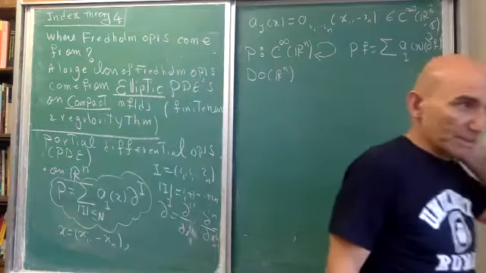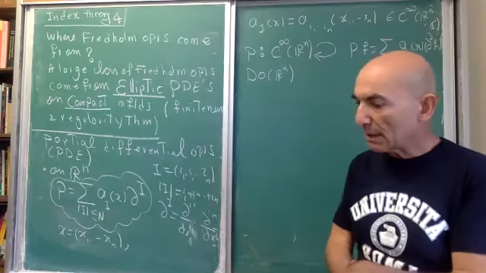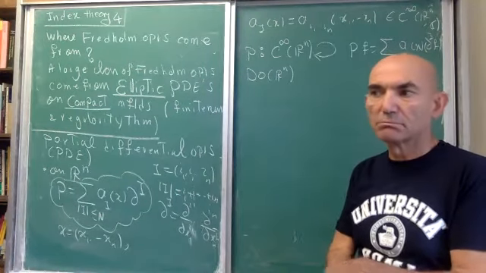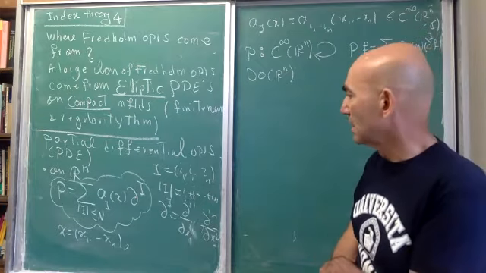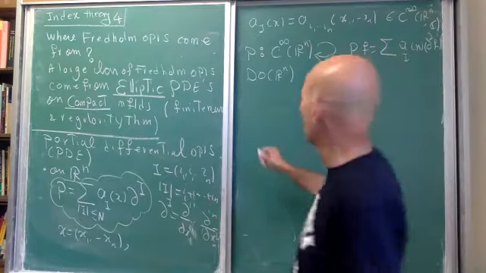Now, one interesting thing about these differential operators is that it's an algebra, actually. It's not just a set of abstract objects. It's an algebra. You can multiply these things.